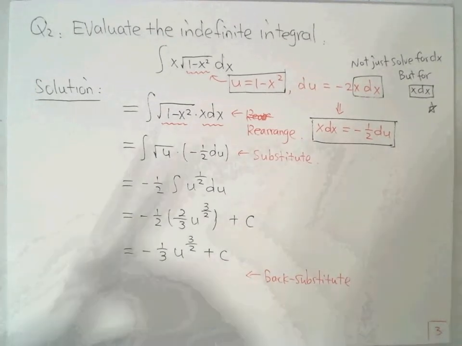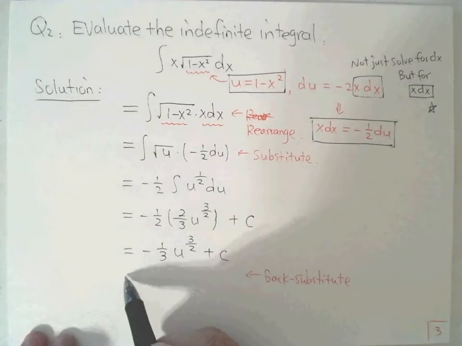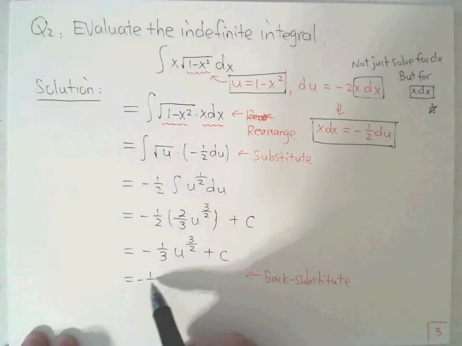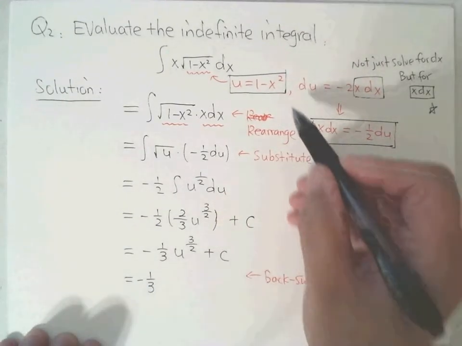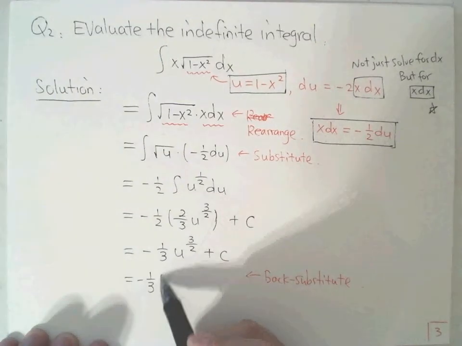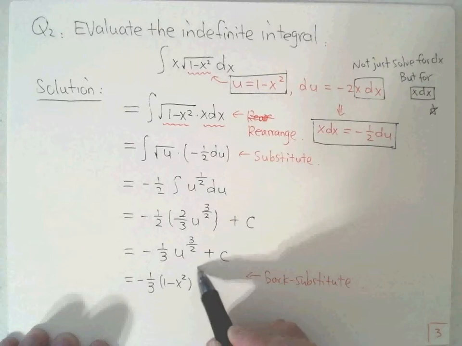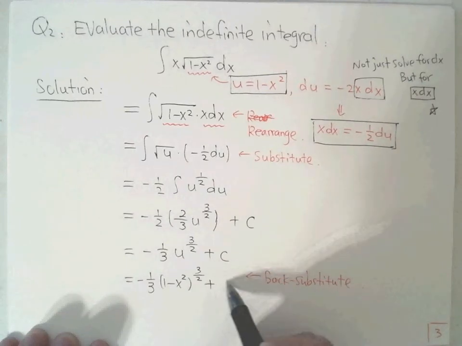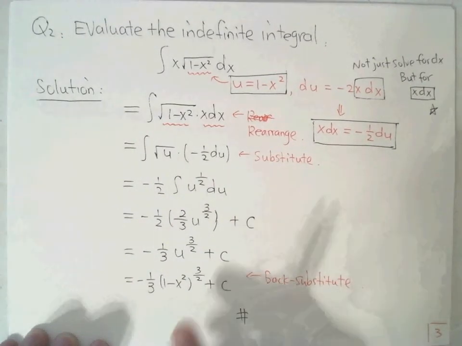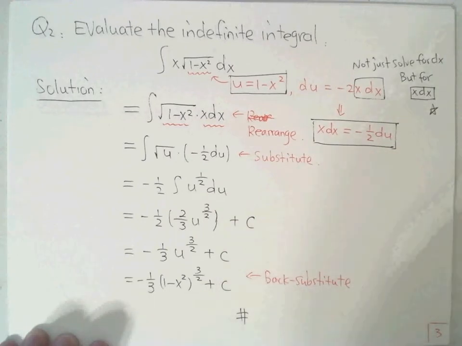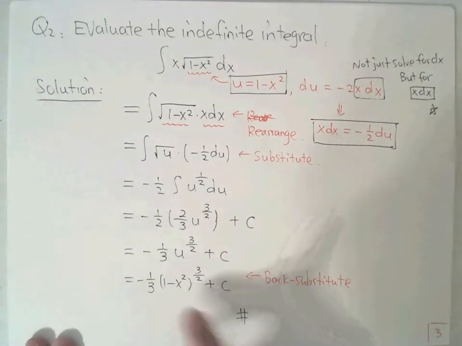This step is important. Don't stop. Back substitute for u, this time -1/3. We write 1 minus x squared, raised to the power of 3/2, and then plus c. Okay, this is the end of this question.